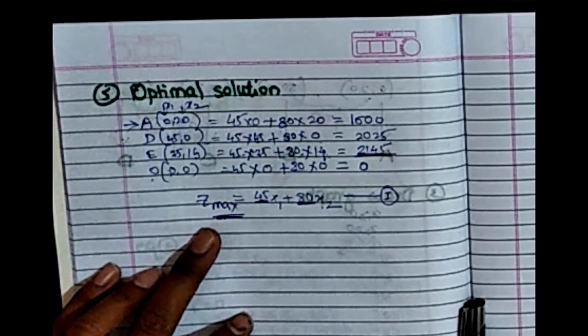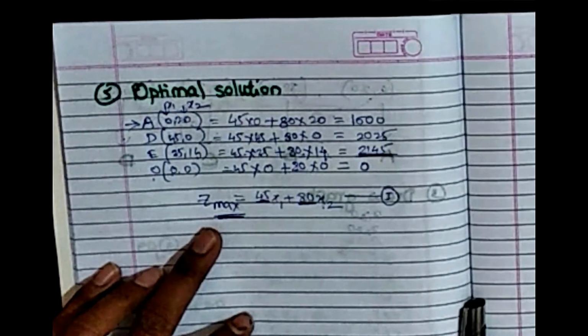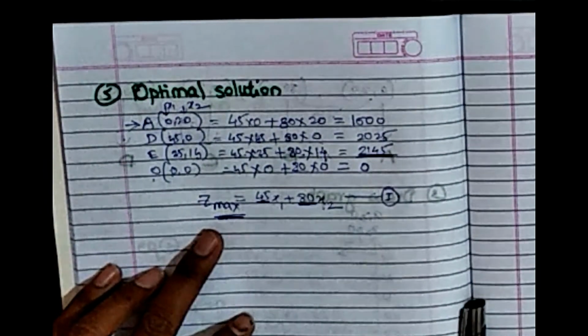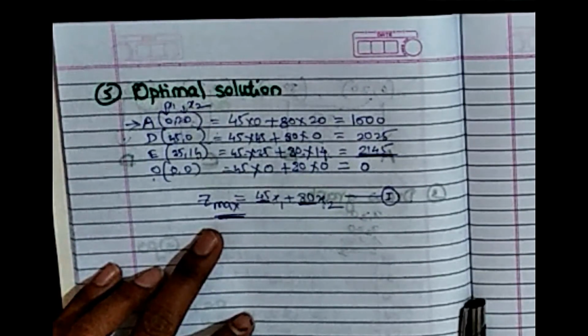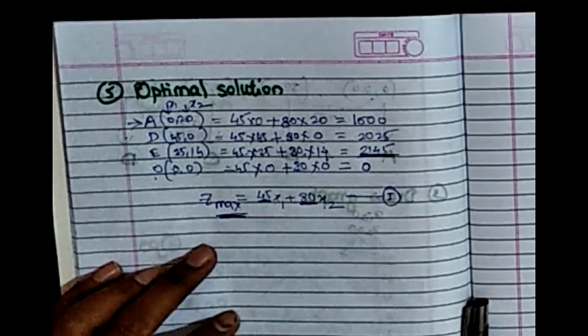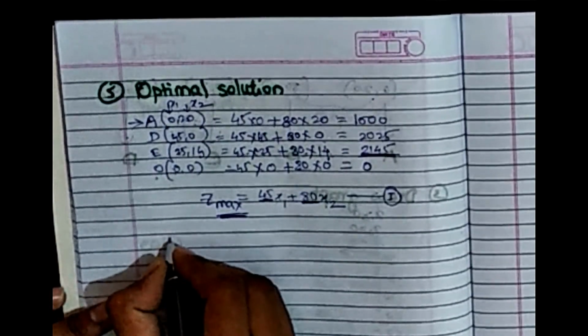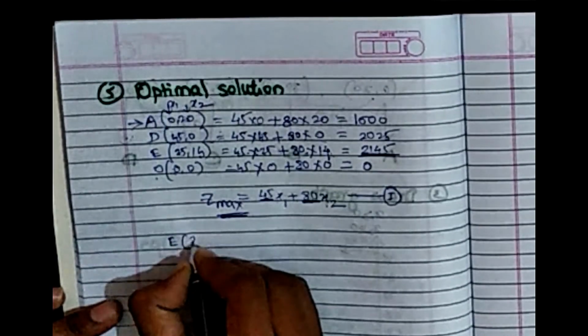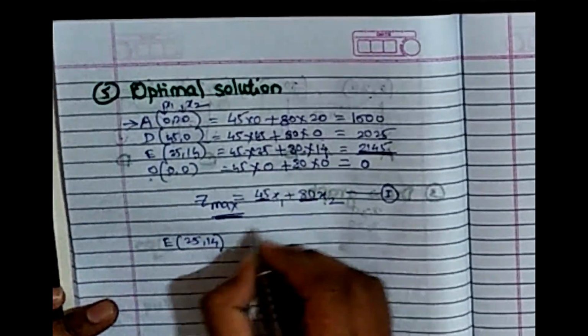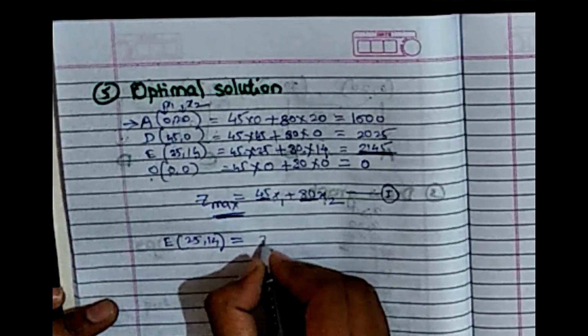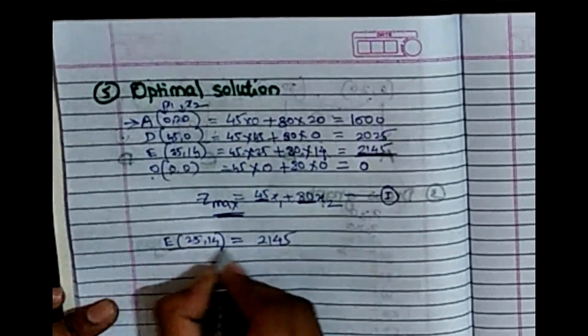So we'll write that the point is E, which is (25, 14), having a value of 2145.